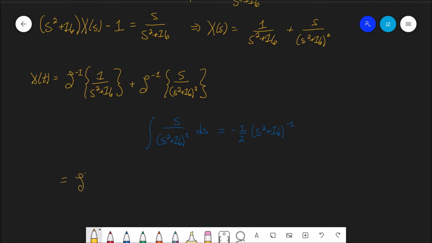So we have the inverse transform of 1 over s squared plus 16, minus a half times the inverse transform of, keeping this plus, -1 times the derivative with respect to s of 1 over s squared plus 16.